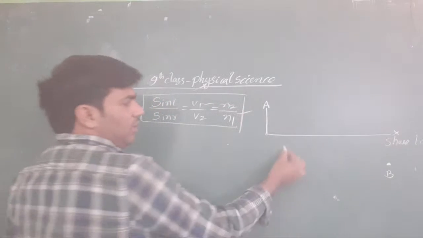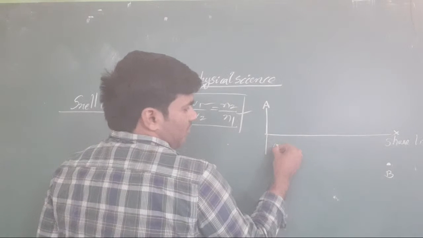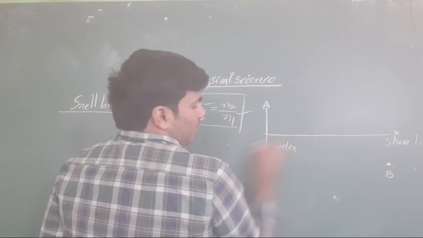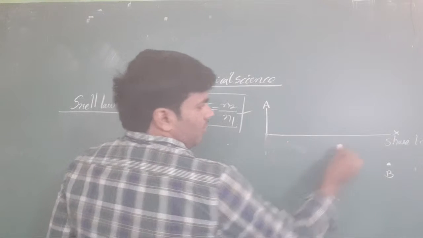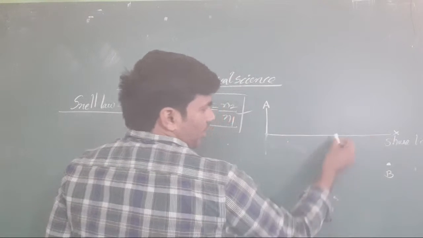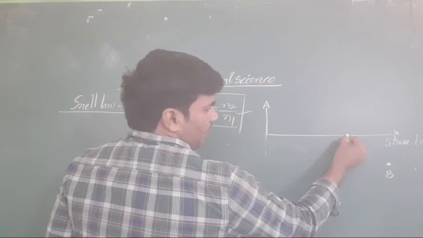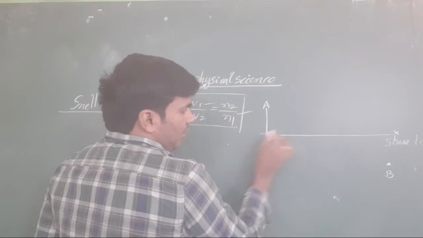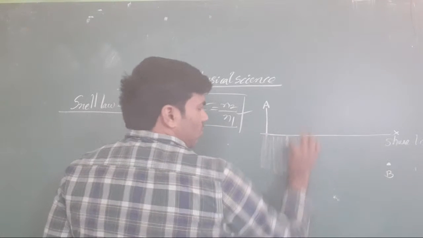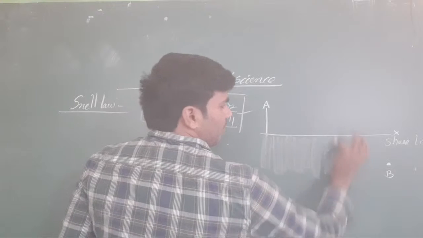From here it is totally water. Up to here there is no water, so it is possible to move up to here. Now this is the shore line. Below this it is totally water only.